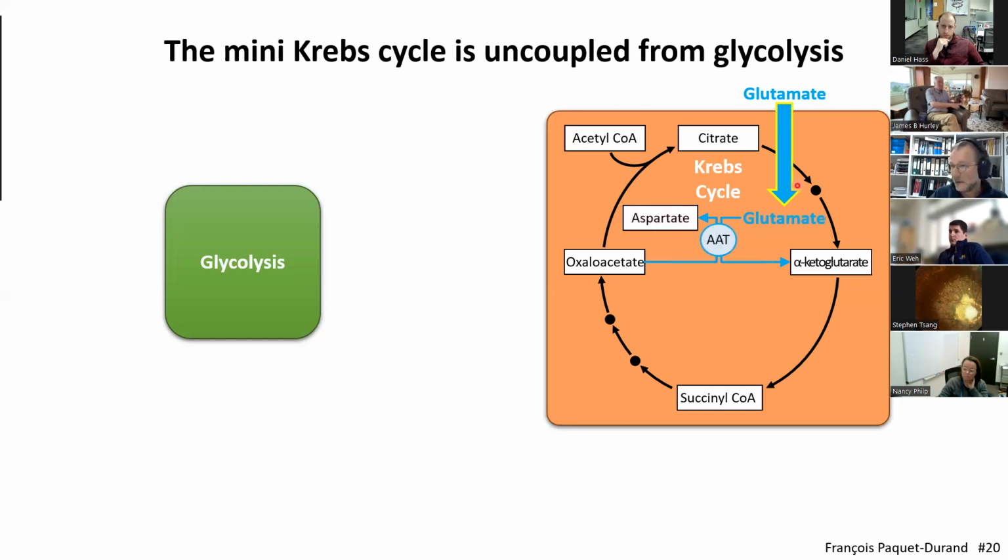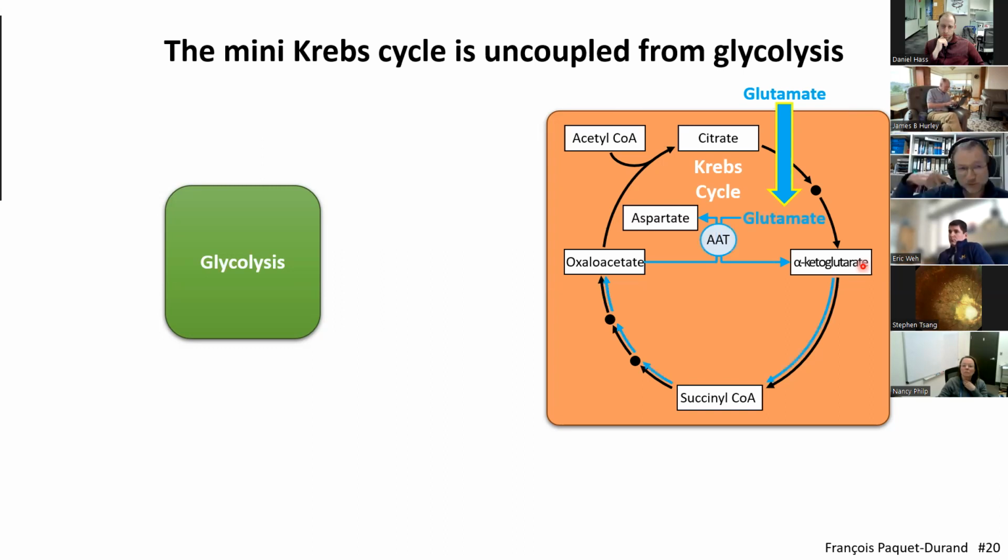So in this mini-Krebs cycle, glutamate would enter the mitochondria. AAT, aspartate aminotransferase, would take the amino group from glutamate, put it onto oxaloacetate, converting it into aspartate and generating alpha-ketoglutarate. The alpha-ketoglutarate can then go through this lower half of the Krebs cycle to generate oxaloacetate.